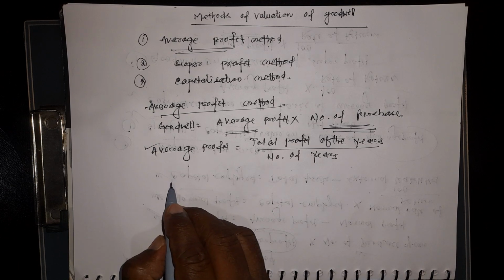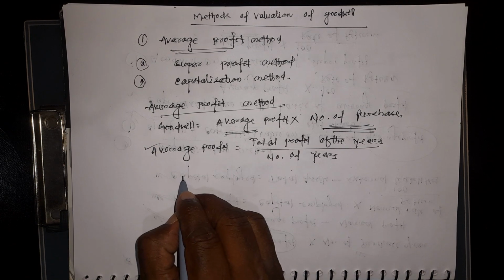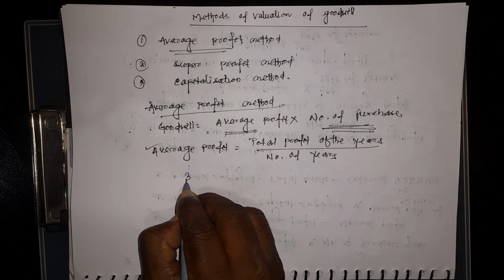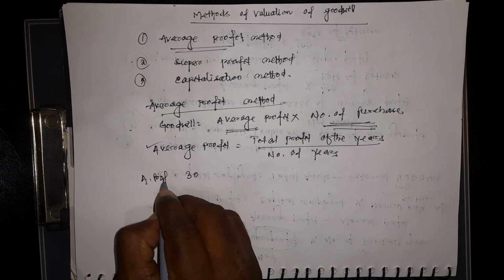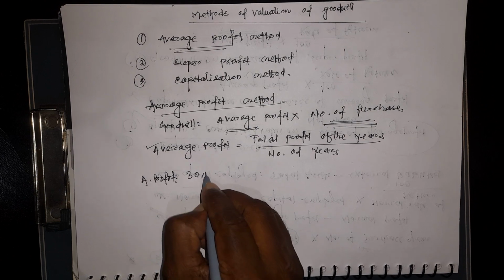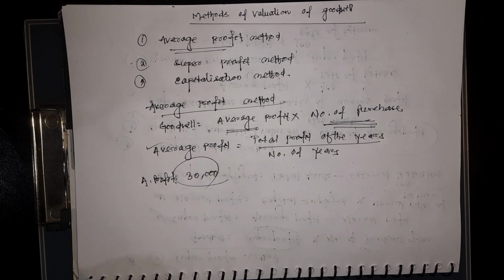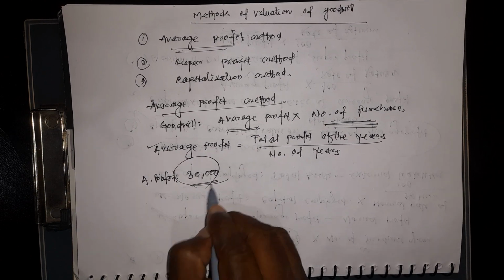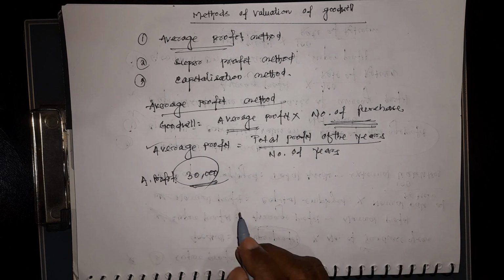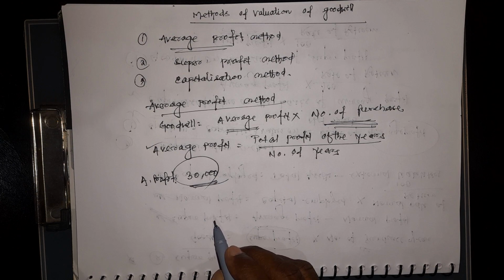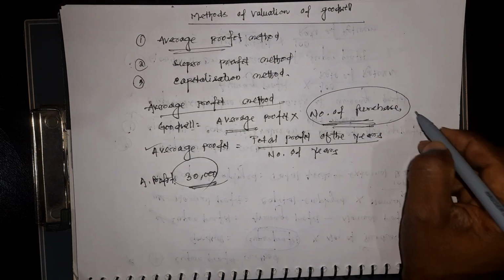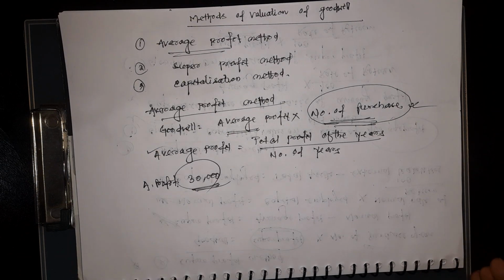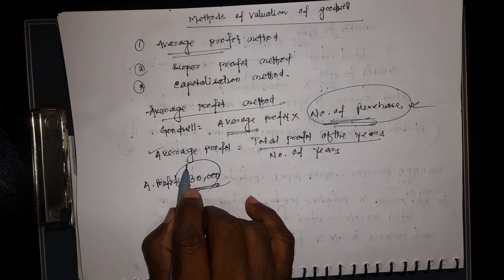Suppose the average profit of a business is given as 30,000. For how many years this 30,000 profit can be earned from the business, that is the number of purchase years. The number of purchase years need not be calculated, it will be given in the question. But you have to calculate the average profit first.